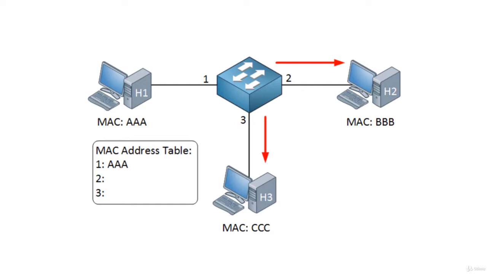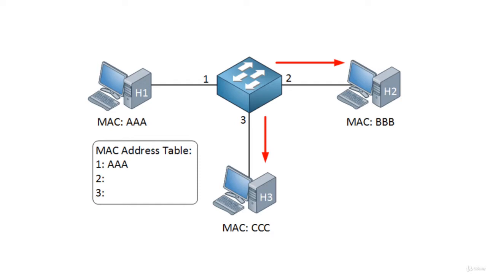To exchange frames between networking devices efficiently, the switch will dynamically construct a MAC address table using the source MAC address of the received frames and the incoming port. In this example, when host 1, or H1, sends a frame, the switch will learn that the MAC address of H1 is connected to port 1 and will map the MAC address of H1 to port 1.